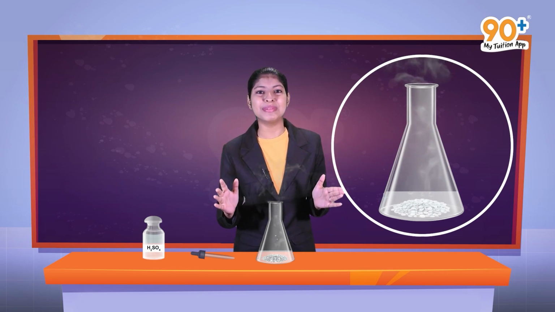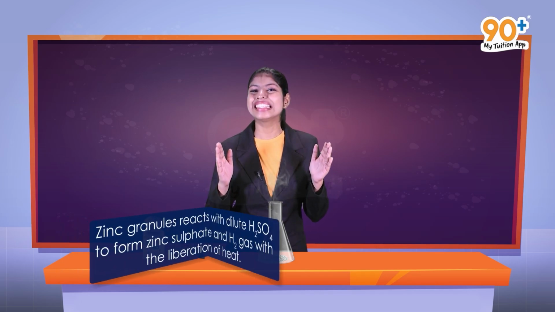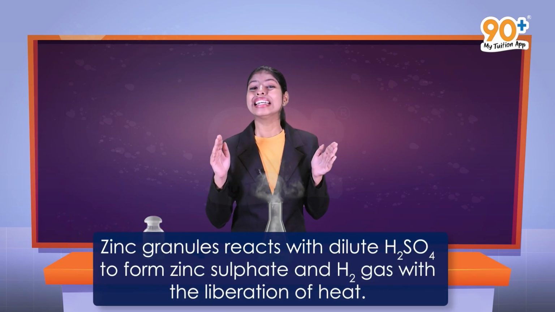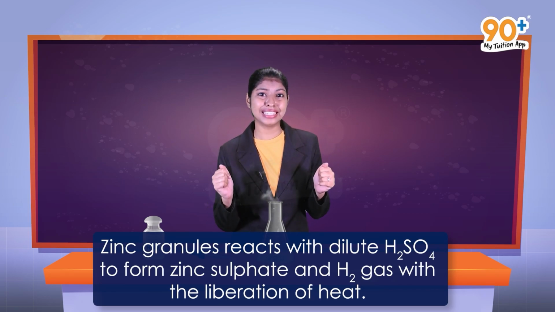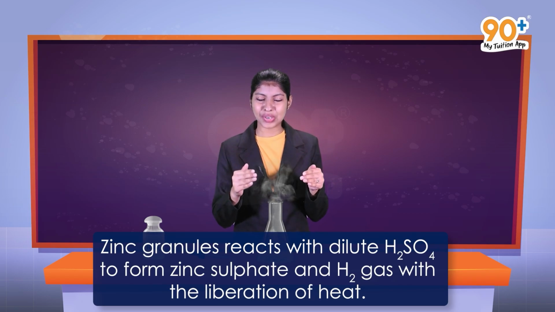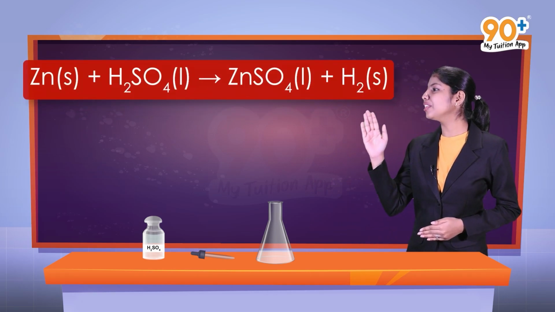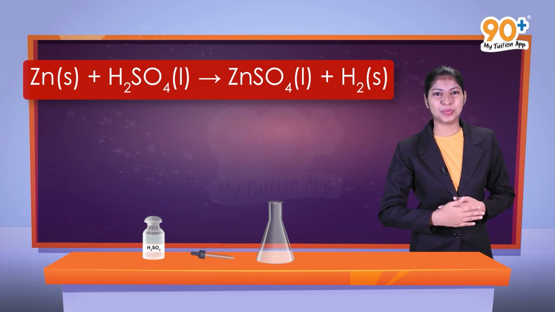Yes, the liberating gas is hydrogen. When zinc granules react with dilute sulfuric acid, zinc sulfate and hydrogen gas are formed. And here we can see the liberation of heat inside the conical flask. And the reaction is Zn plus H2SO4 gives ZnSO4 plus H2.